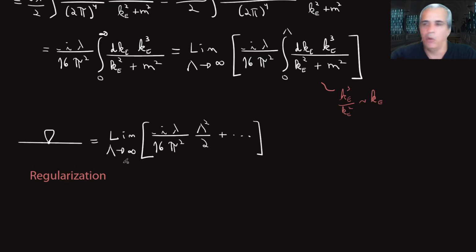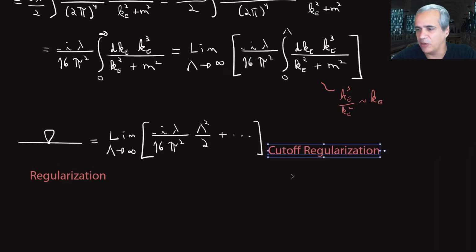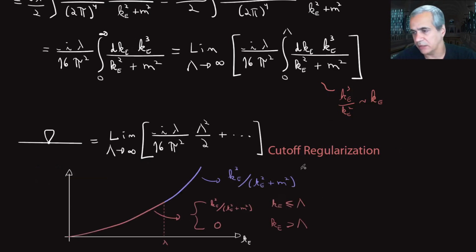This recovers the original divergence. In fact, this is a very simple regularization that we call cutoff regularization. I just stopped the integral at some upper limit for the momentum. This hard cutoff in the integral is equivalent to making the following change in the integrand.